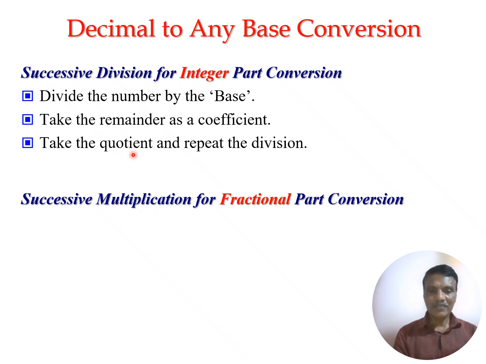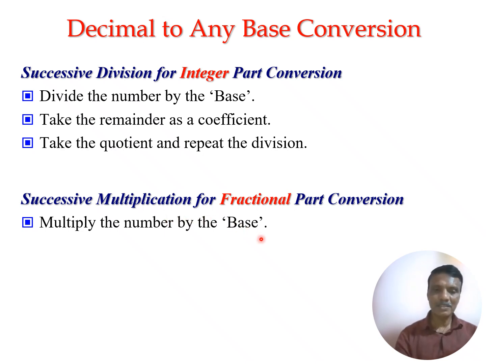And then the fractional part. How to do the fractional part if it is there? For the integer part we do successive division, and for the fractional part we do successive multiplication. First multiply the number by the base.